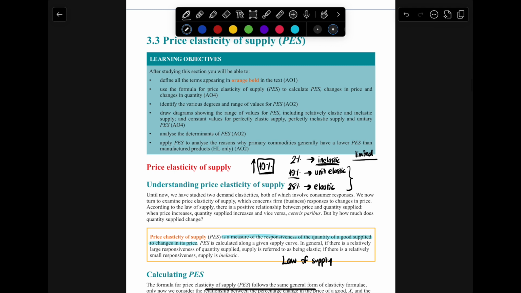As you can see from this orange box right here, price elasticity of supply is a measure of the responsiveness of the quantity of a good supplied to changes in its price. So it basically measures the degree of responsiveness of quantity supplied to a change in price. It's not simply about whether supply increases when price increases, which is the law of supply.